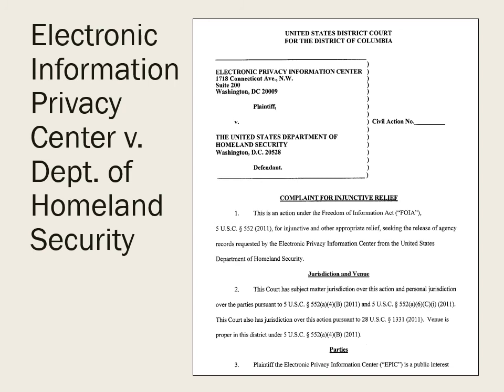Those records showed that DHS had contracted with private companies, including companies like General Dynamics, to monitor social media and other internet communications. They were especially interested in monitoring the comments section of the New York Times and the Huffington Post. Turned out Homeland Security was spying not just on journalists, but on regular, everyday social media users like you and me.